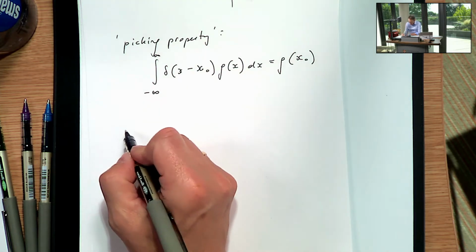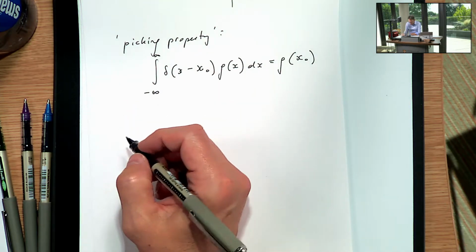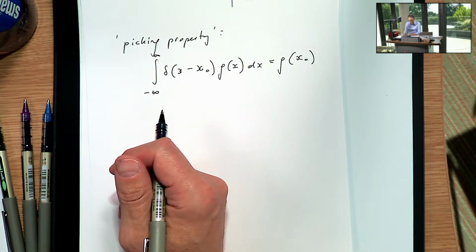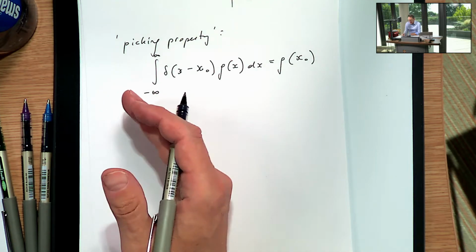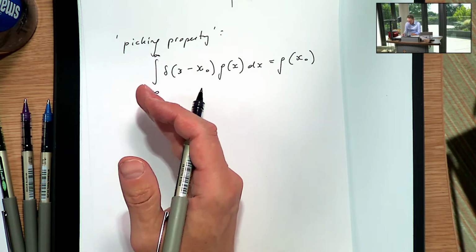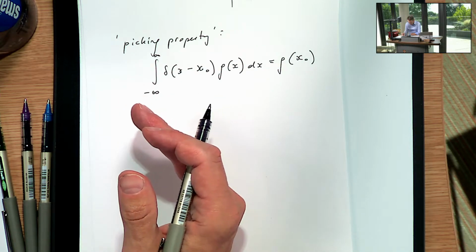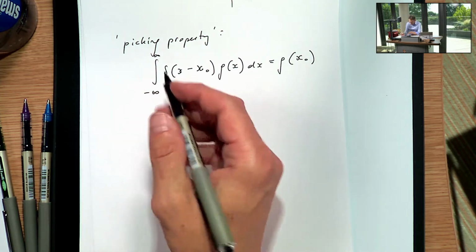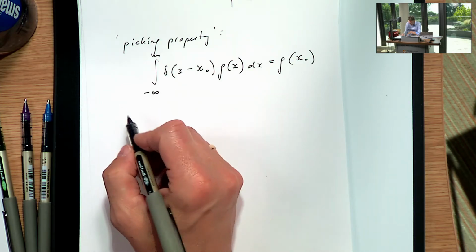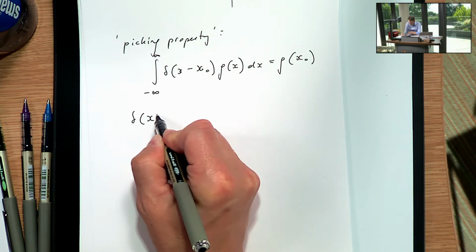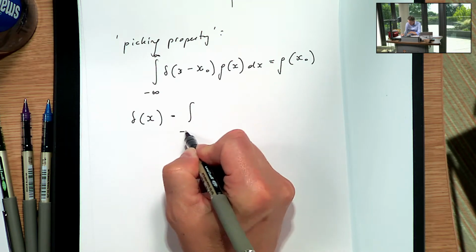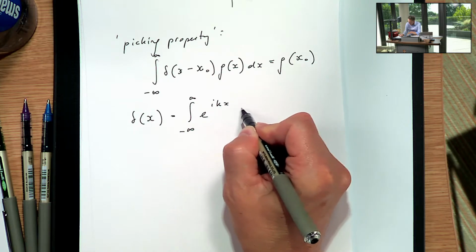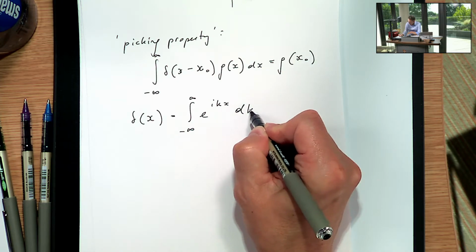One way, and the way we will define it, is if I go back to using k for the frequencies. So you remember fx is equal to 2 pi over k, the way we've defined it. But if I define the delta function as follows, equal to the integral from minus infinity to infinity of e to the i kx dk.